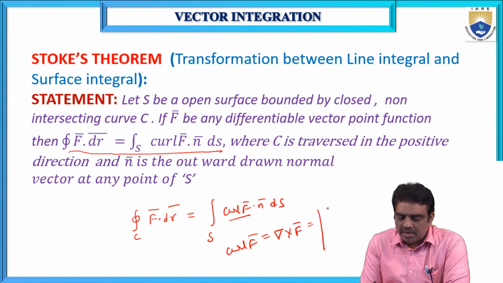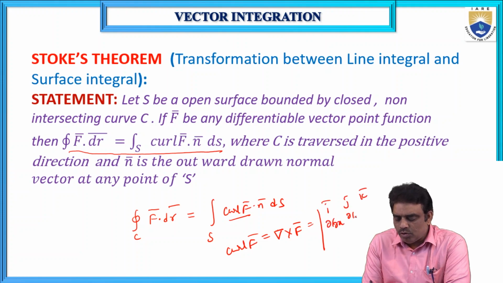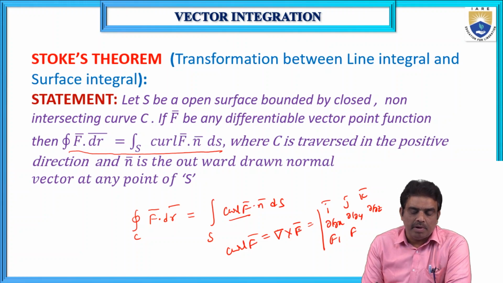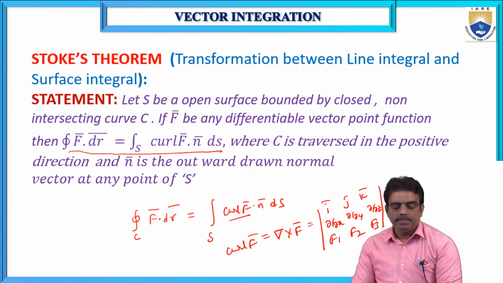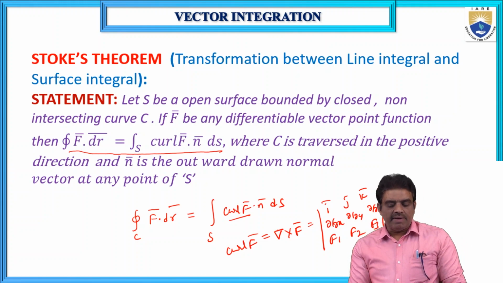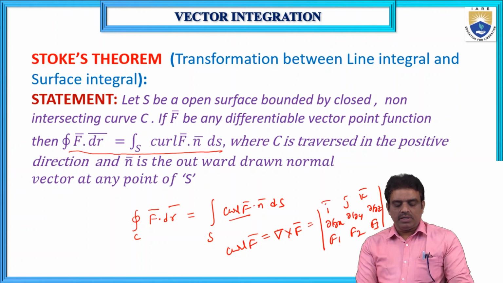This is the determinant of i bar, j bar, k bar, dou by dou x, dou by dou y, dou by dou z, and the last row f1 i bar plus f2 j bar plus f3 k bar, where f bar has i bar coefficient f1, j bar coefficient f2, k bar coefficient f3, where C is traversed in the positive direction.